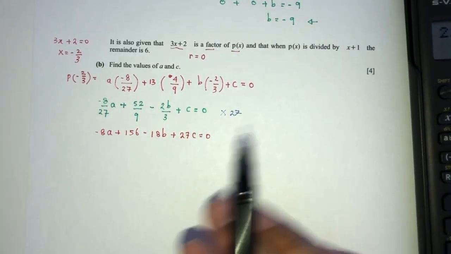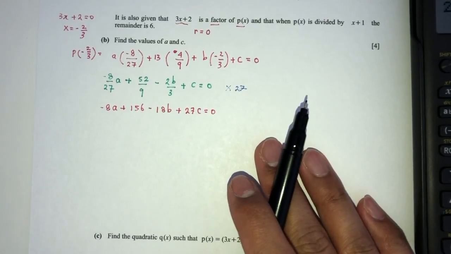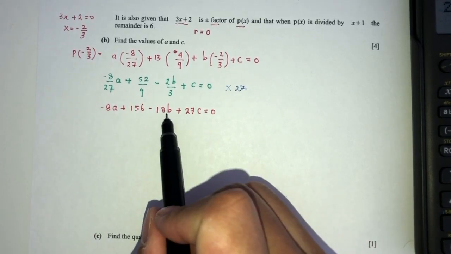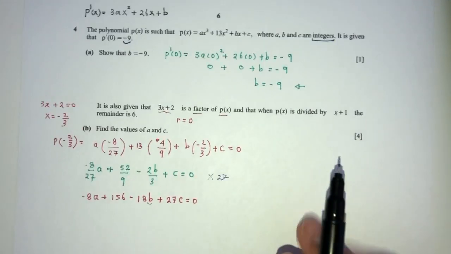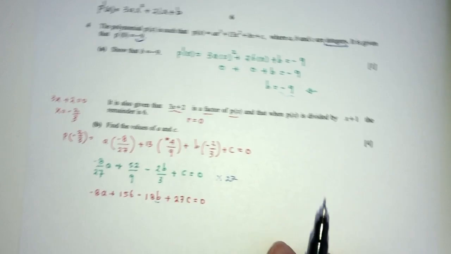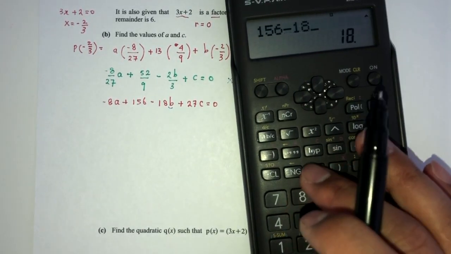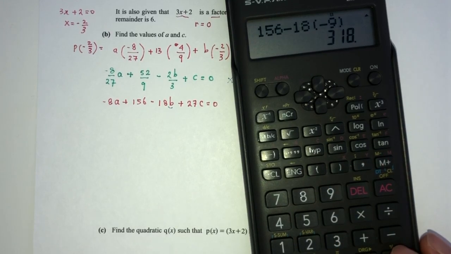So now we can form our equation. Obviously b has to be replaced. We know b is minus 9 already. Replace b, so we have 156 minus 18 times minus 9. That should be 318.